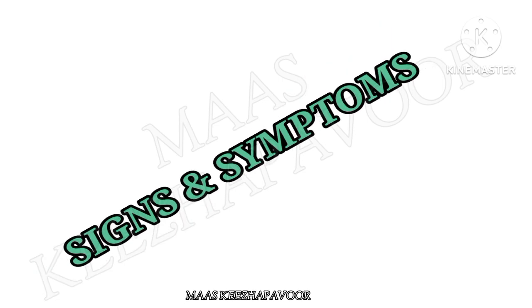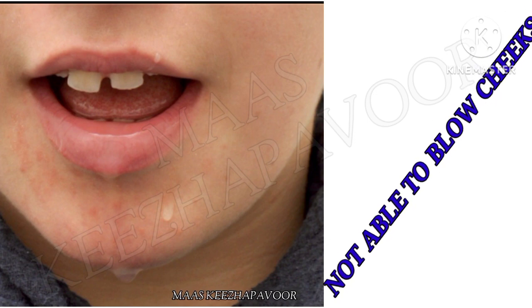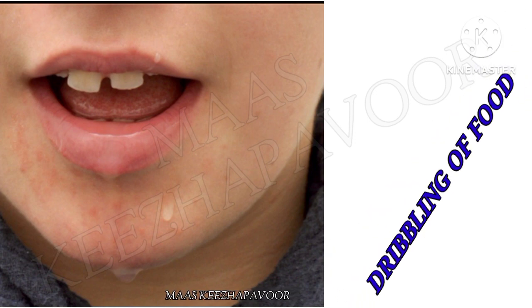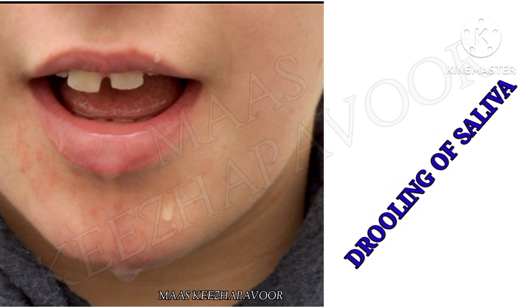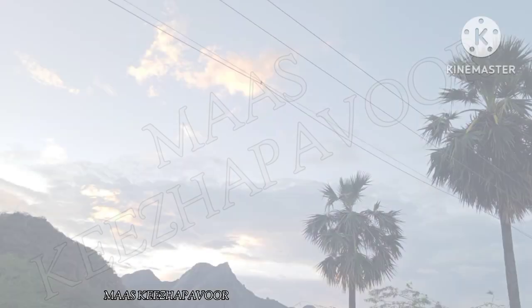The signs and symptoms of this condition are not being able to blow the cheeks, dribbling of food particles, and drooling of saliva. The pulsation of facial artery can be felt just lateral to the modiolus. The inadvertent damage of modiolus during plastic surgery leads to facial asymmetry.